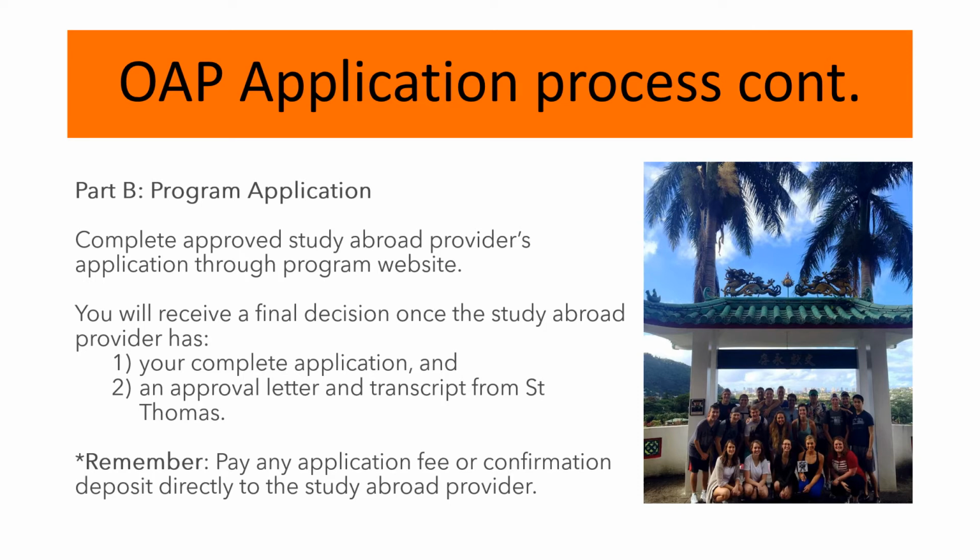A final decision will be communicated to you once your study abroad provider has your complete application and the approval letter and transcript from St. Thomas. That's why it's important to complete your St. Thomas application before you complete your provider's application. During the application process, don't forget to pay any application fee or confirmation deposit directly to the study abroad provider.